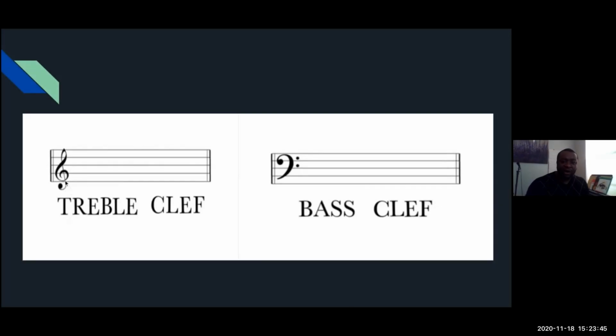Okay. When you are looking at a treble clef, it looks kind of fancy. There's some swirls and a dot and everything. Now, the treble clef is marking this second line.